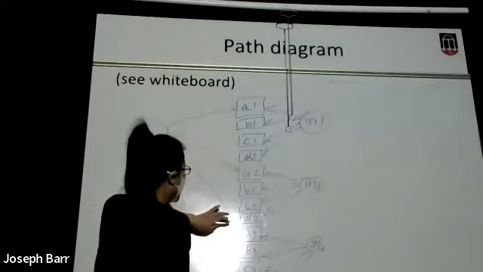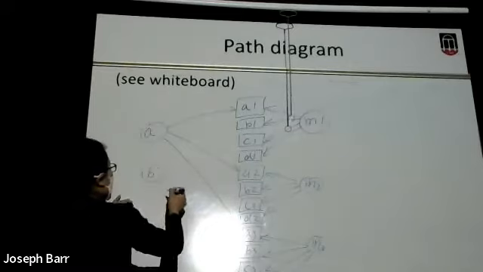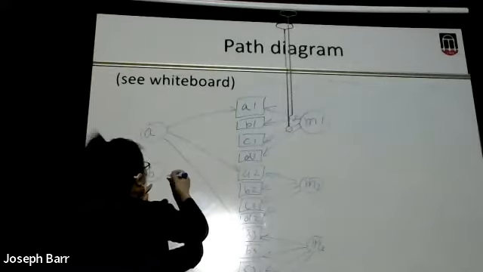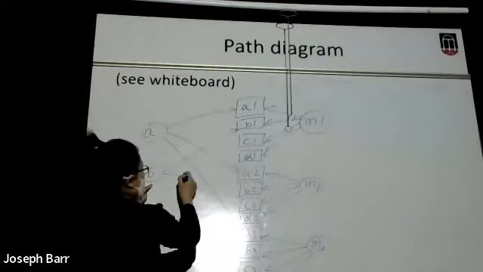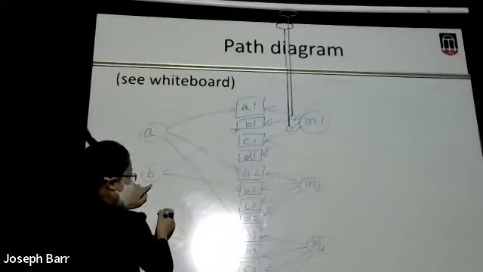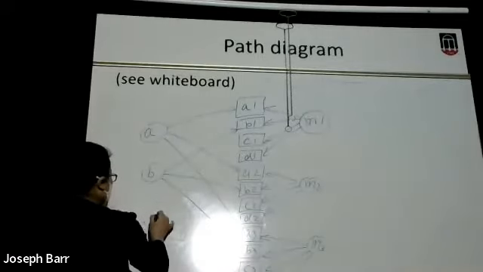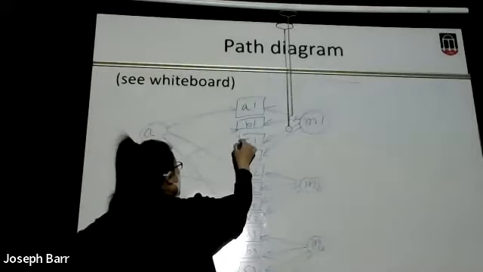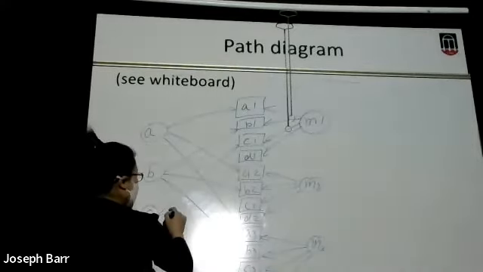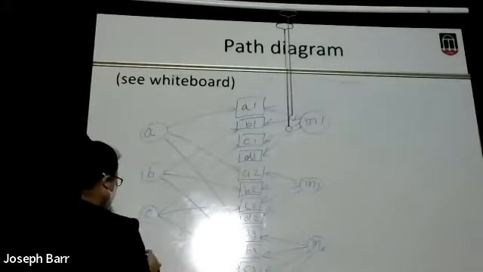A1, A2, A3. And B, achievement, will influence the outcomes B1, B2, B3. And C, affiliation, will influence C1, C2, C3.